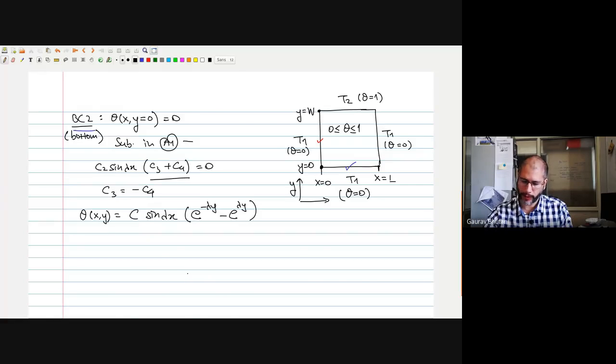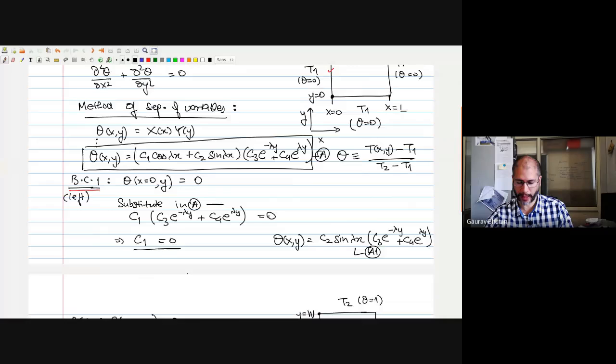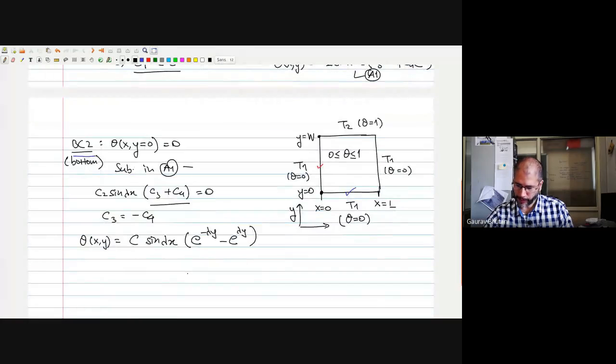If you recall, this lambda appeared when we assumed that for the ODEs for the left hand side and right hand side to be equal, there has to be lambda. So that lambda is not known, and lambda has to be found out somehow. But we still have two more boundary conditions left, and that is a good thing. So we have two things left now to find. One is this C, and the other is this lambda. So we have two more conditions.